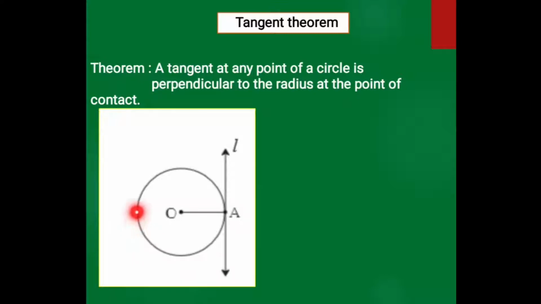We consider here a circle with center O and this line L as a tangent. Now the statement states that this line L is perpendicular to this radius OA at point A. Here A is the point of contact. So this tangent L is perpendicular to this radius OA.